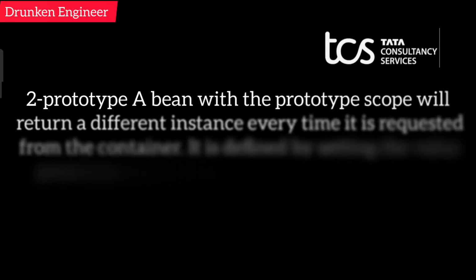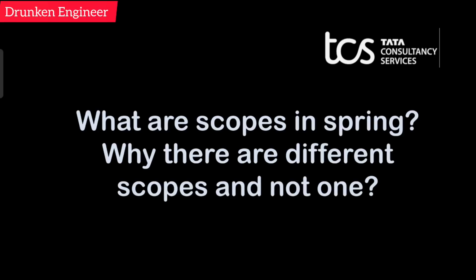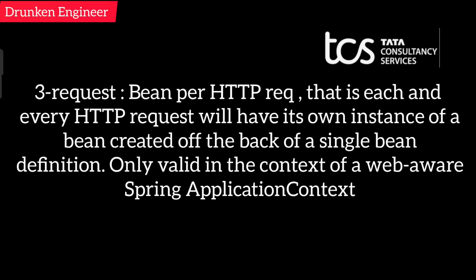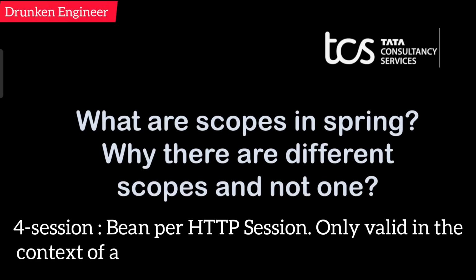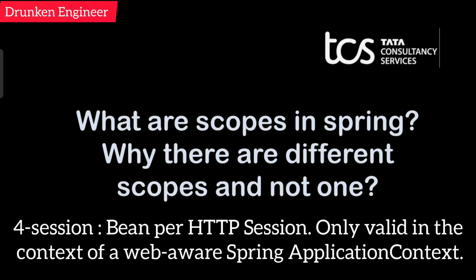So mostly we'll be using singleton and prototype only, and there are three others: request, session, and global session. Request is one bean per HTTP request. That is, each and every HTTP request will have its own instance of a bean created, and it is only valid in the context of a web-aware Spring application context. Next is session. This is a bean per HTTP session, only valid in the context of a web-aware Spring application context.